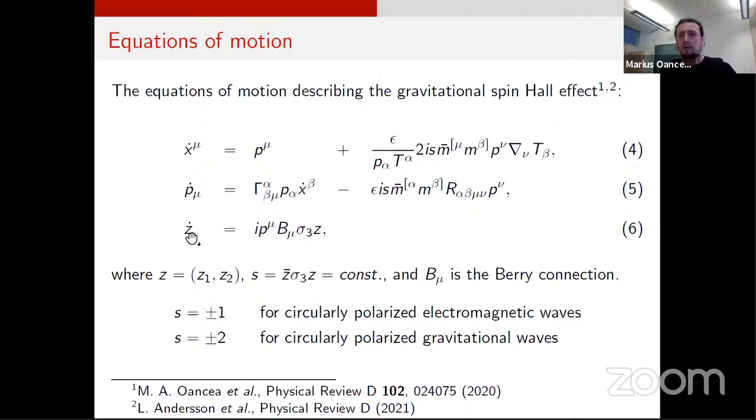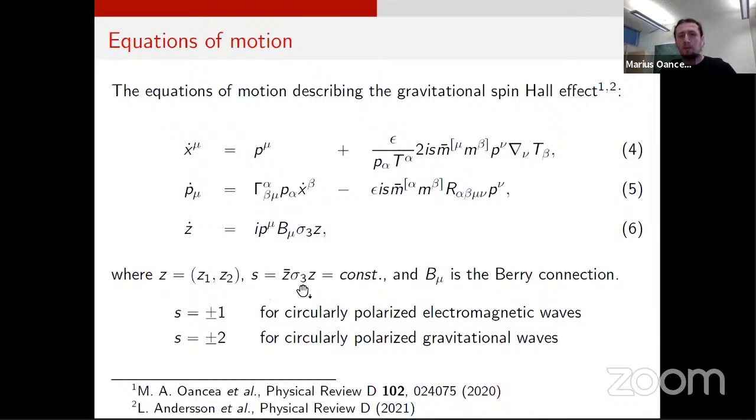We also have another equation, Z dot, where Z is a complex 2-vector. Basically, this is just another way of rewriting the parallel transport equation for the polarization vector in terms of what we call a Berry connection B. I'm not going to give the details of how B is defined because it's not really necessary for this talk.